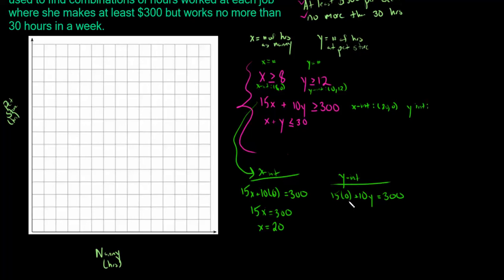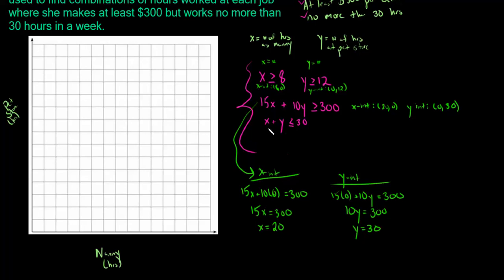I do 15 times 0, which is just 0, plus 10y is equal to 300. So y is 30. So the y-intercept is (0, 30), okay? Now what this tells me is the largest x-intercept used to be 8, now it's 20, so I got to go to at least 20 down here, and the y-intercept is 30, so I got to go to at least 30 on here, okay?